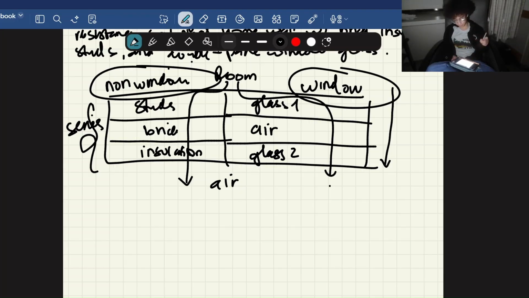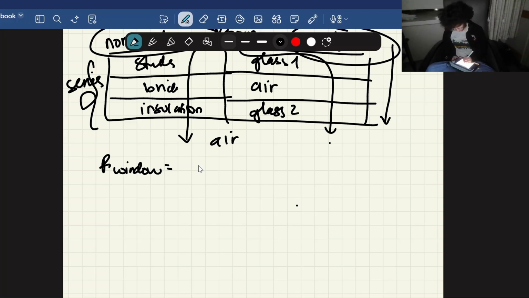Okay, so what we're going to do now is find the resistance for the window versus the non-window. So first, resistance of the window. Since the layers are in series, the total resistance of the window is just the sum of the resistances of all of the compartments.